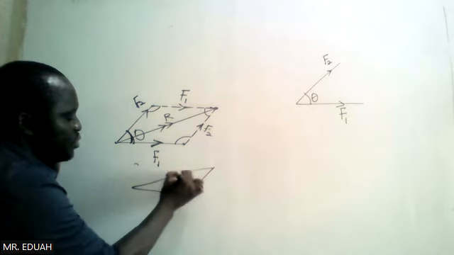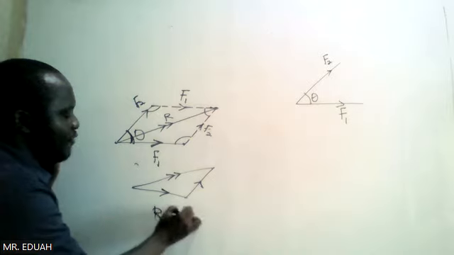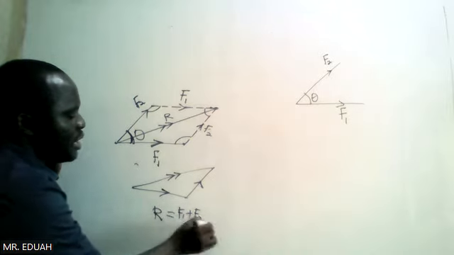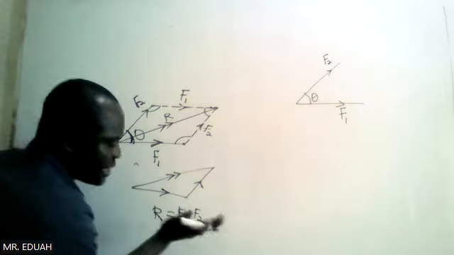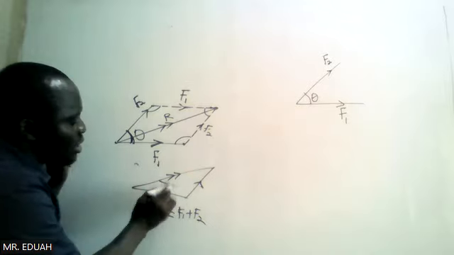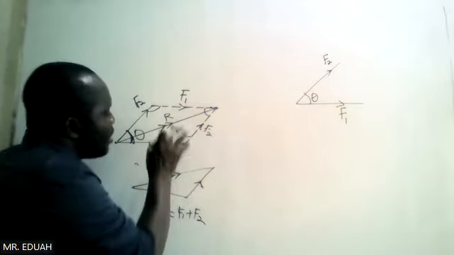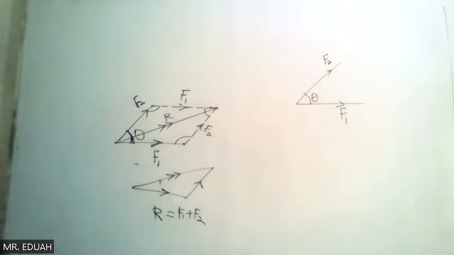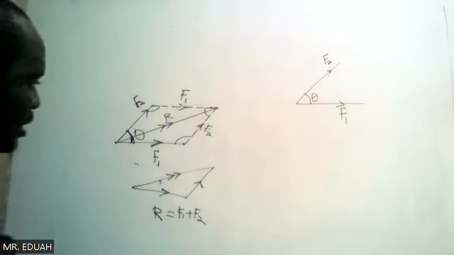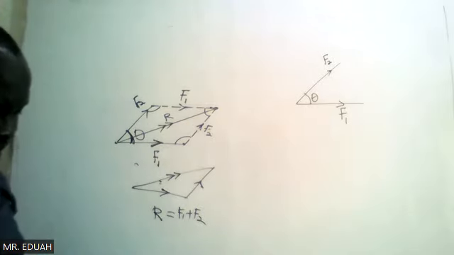So the resultant will be this. So we can say that R is equal to F1 plus F2. But this is not scaled, so we cannot determine the resultant using this. But the arrows or the directions of the forces tell us that what we've had obeys the triangle law of vectors, either looking at it down here or up here.